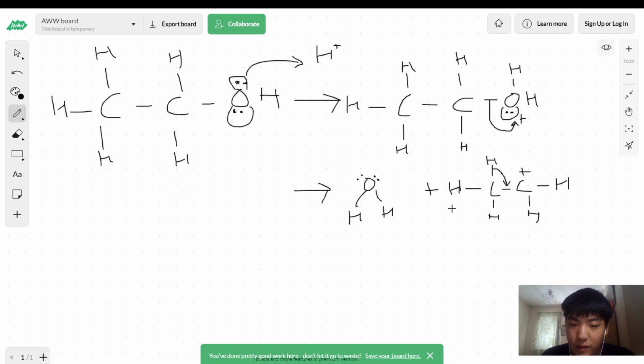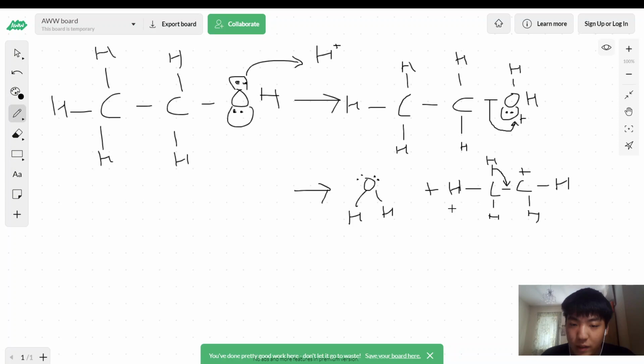This therefore makes ethene in this example, plus a hydrogen ion. So technically, the overall reaction would be this alcohol turns into water and this ethene, because these H plus ions cancel out.